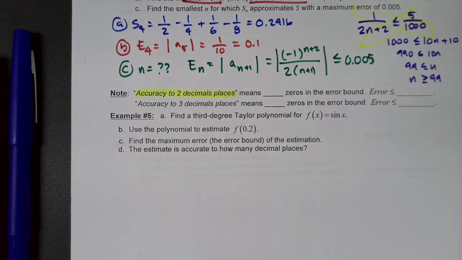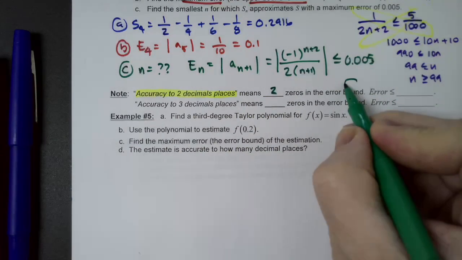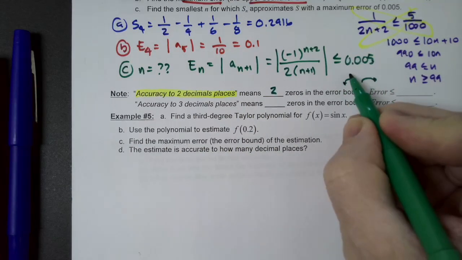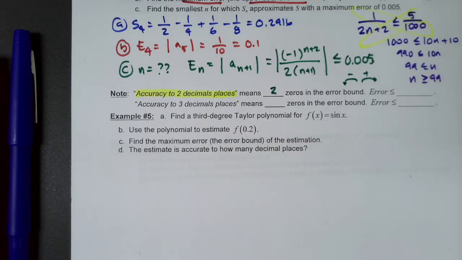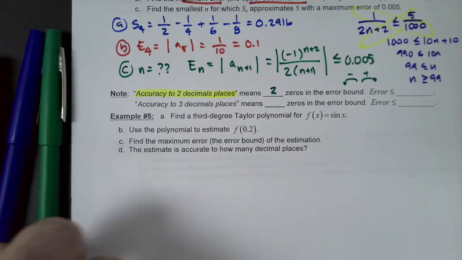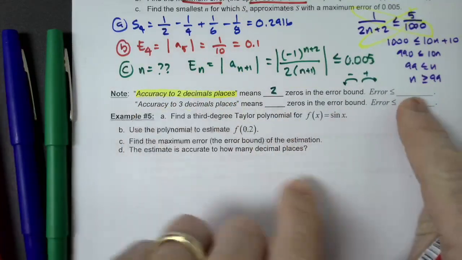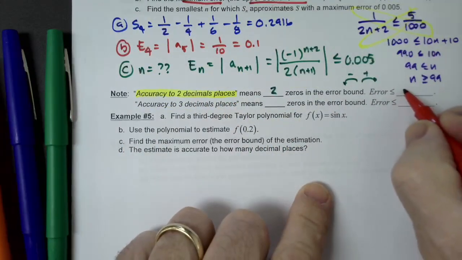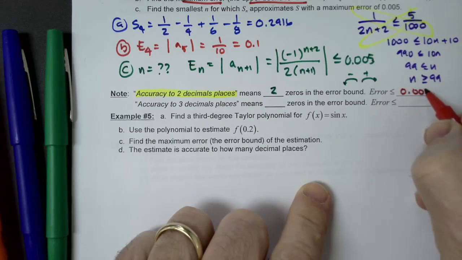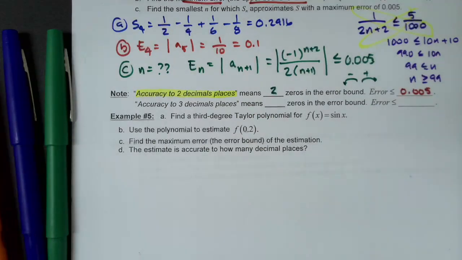Well, if it's the accuracy, that means we need at least 2 zeros in the error bound. And remember, it's going to go this way and that way. We're going to do a plus or minus on this. So in reality, if they use this phrasing, then you're going to do an error of 0.005. Those are the 2 zeros, the 2 decimal places.